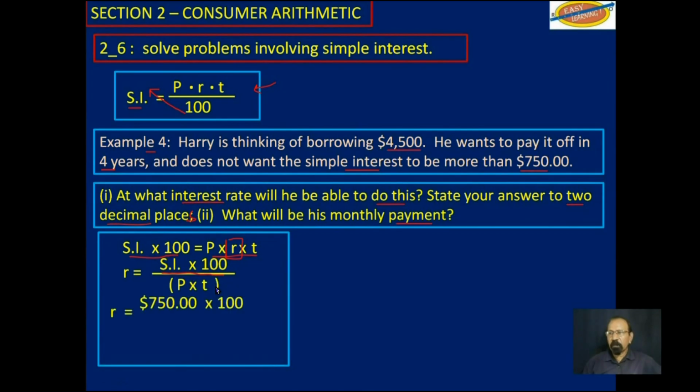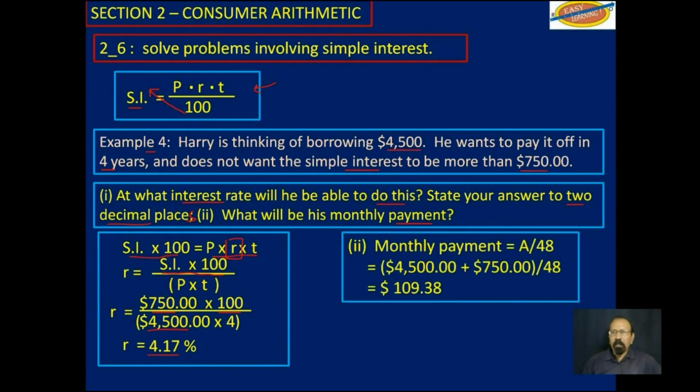We substitute the numbers we are given. 750 times 100 over 4,500 times 4. That's 4 years. And the rate will be 4.17% annually.